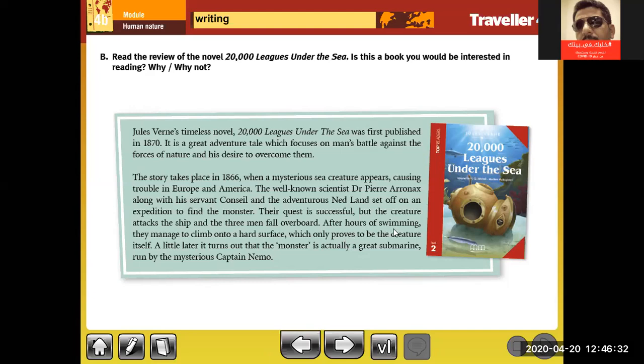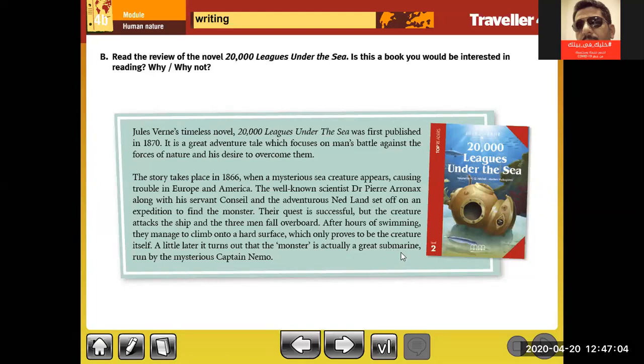After hours of swimming, they were able to climb onto a hard surface, which turns out to be, ثبت لهم, the creature itself. A little later, it turns out that the monster is in fact a great submarine.